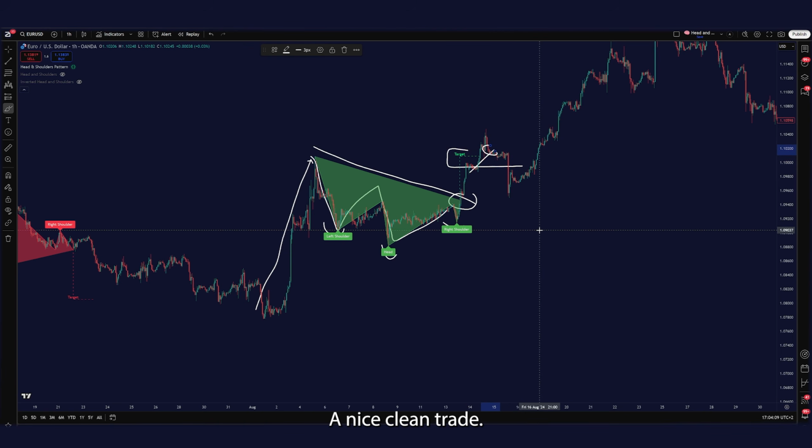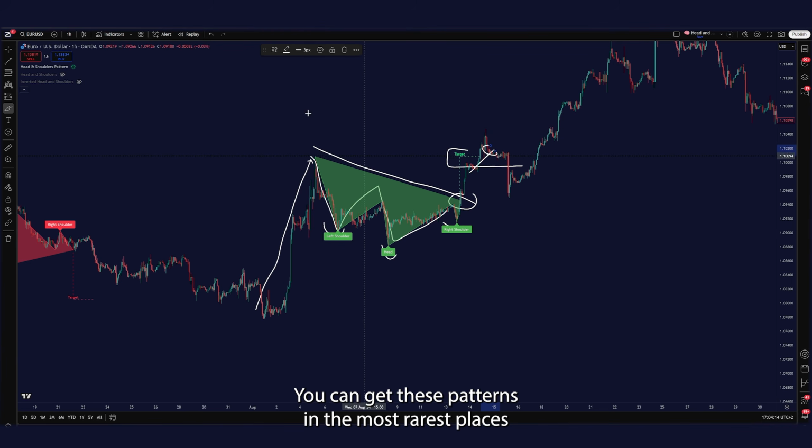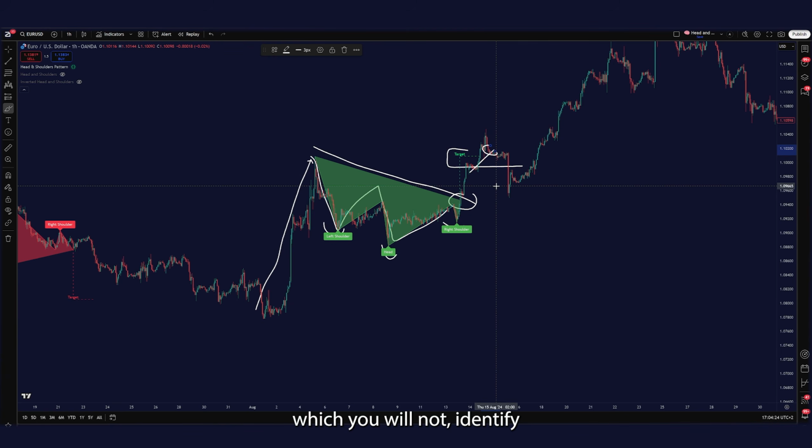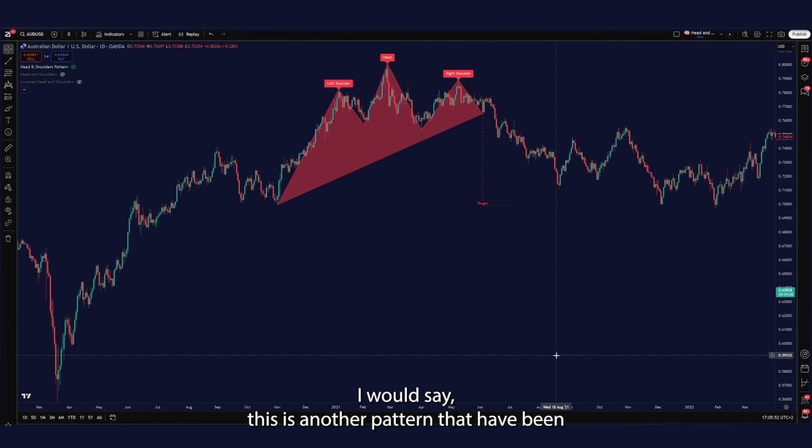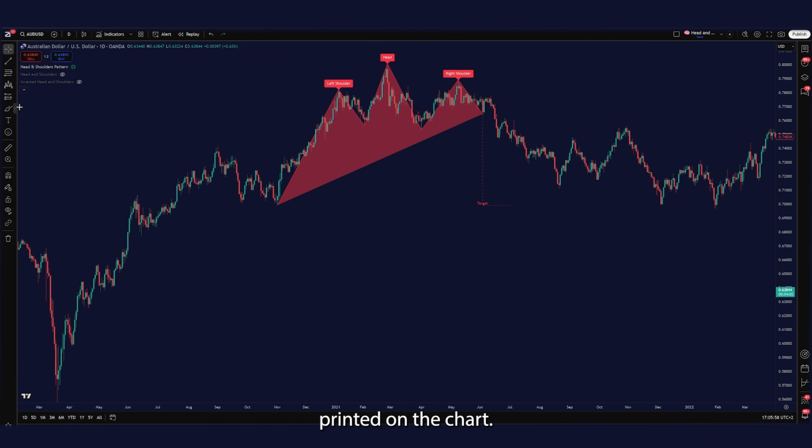A nice clean trade, and this is the power of our algorithm. You can get these patterns in the rarest places, which you will not identify with your own eyes, I would say. This is another pattern that has been printed on the chart.